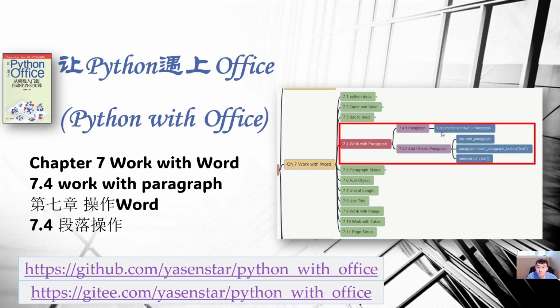Which means an empty document can have 0 paragraphs, but an empty workbook in Excel will have at least 1 default worksheet and make it the active worksheet. And within the worksheet in Excel, you have columns, rows, and cells. Within a paragraph, you have characters or words. So for this video, we talk about the paragraph level.